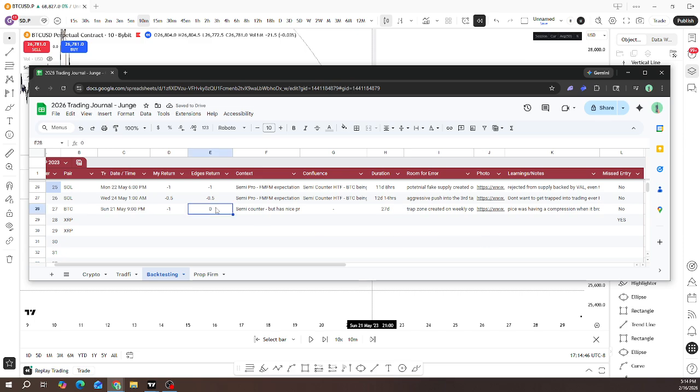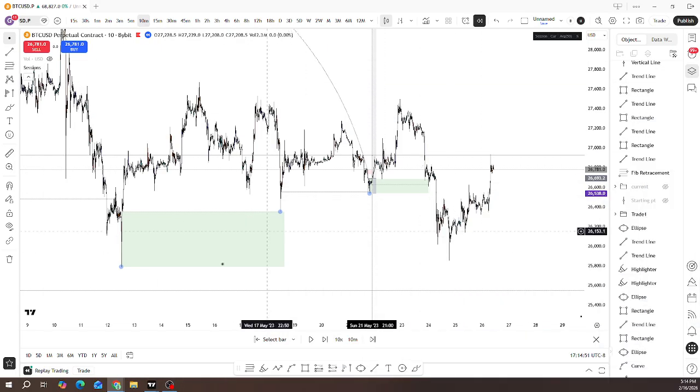So that's what we're gonna call that. We're gonna say that that was de-riskable, because it was. We had that compression where we popped out.